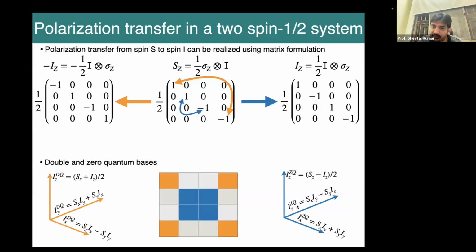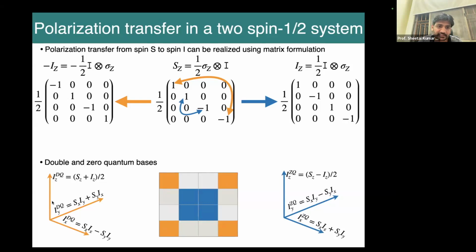Then if we have a Hamiltonian which is a linear combination of these two terms, it will rotate the Iz zero quantum part of it, right? And it will definitely flip these two at some point of time.